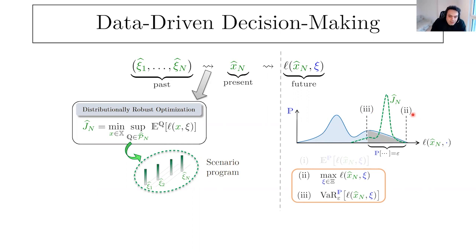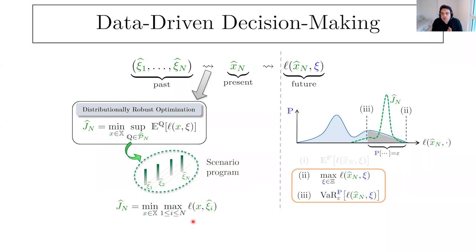From a mathematical point of view, this kind of min-max problem, this distributionally robust optimization, is just a fancy way of writing minimization of the worst case loss evaluated on data points. So what I have written here is nothing but that. That's what people in the control literature call a scenario program as well.